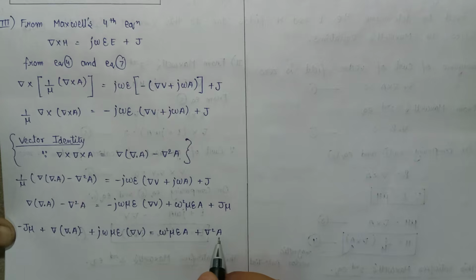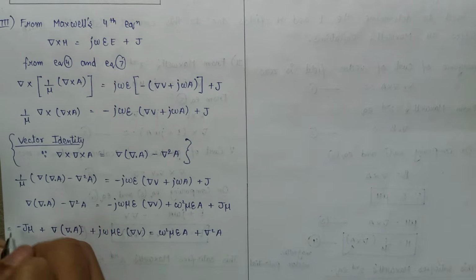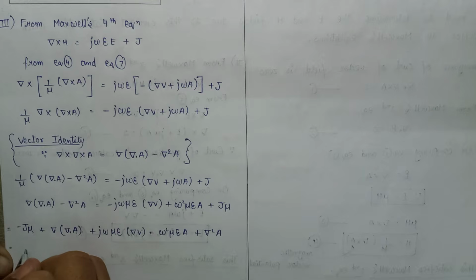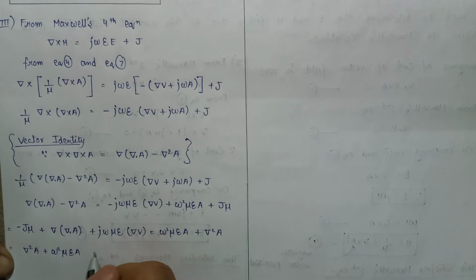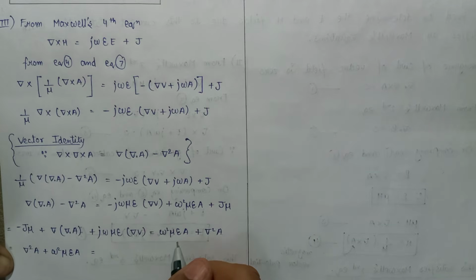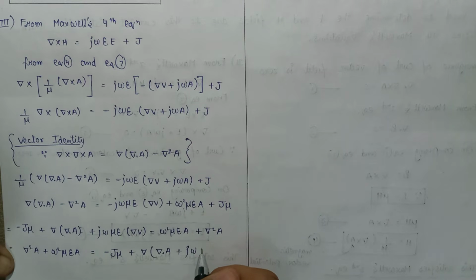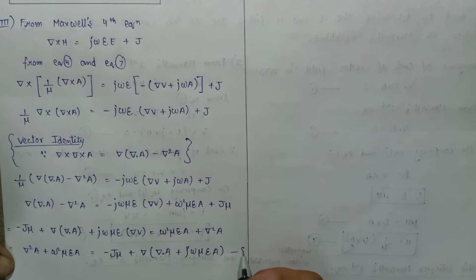Now this term can also be rewritten as del 2A plus omega square mu epsilon into A, and remaining terms will be shifted into the RHS side. So minus of j mu plus del divergence of A plus j omega mu epsilon into A. This is our equation number 8.